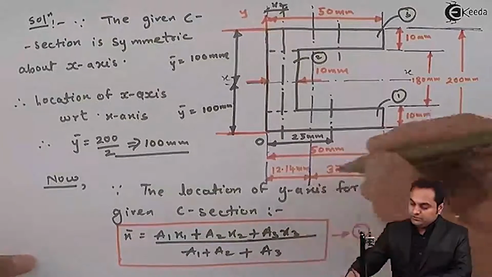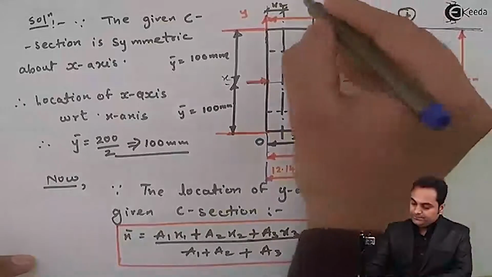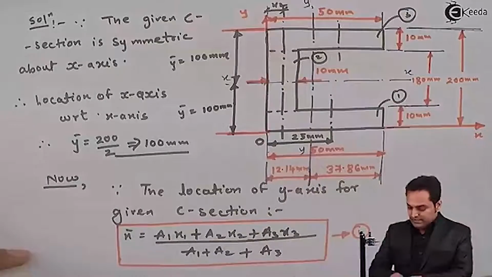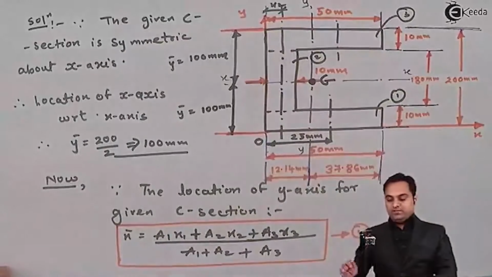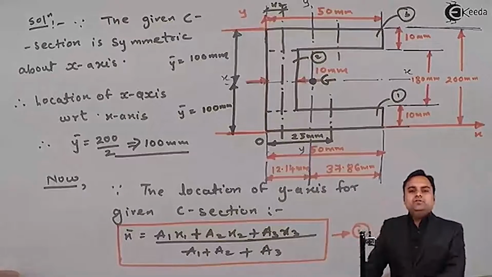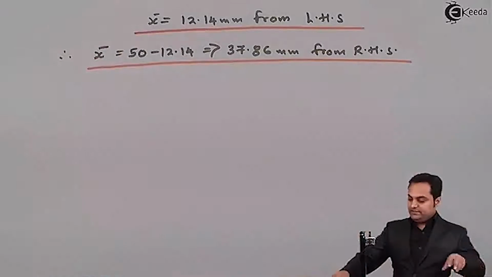And once we know this location of the y-axis, we can say that x and y, both the axes are known, and hence we know the location of centroid G. And once this centroid G is known, now we can go for the calculation of MI, that is moment of inertia.